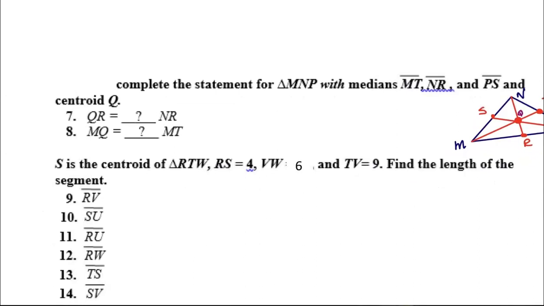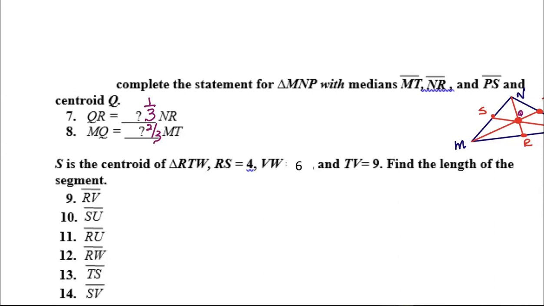So QR, so from the centroid out to the R, how does that relate to NR? Well, that should be just 1/3, because remember, from Q to N is going to be 2/3. How about MQ? MQ is going to be 2/3, right? Because that's from the vertex to the centroid. So why is the first one 1/3?